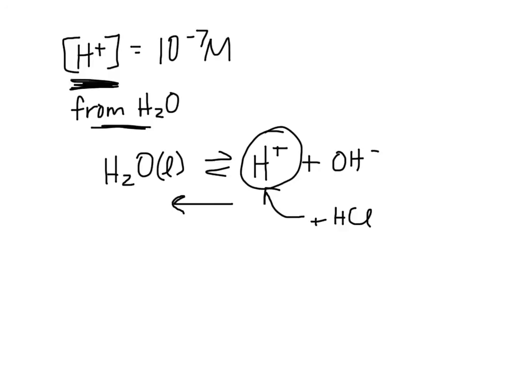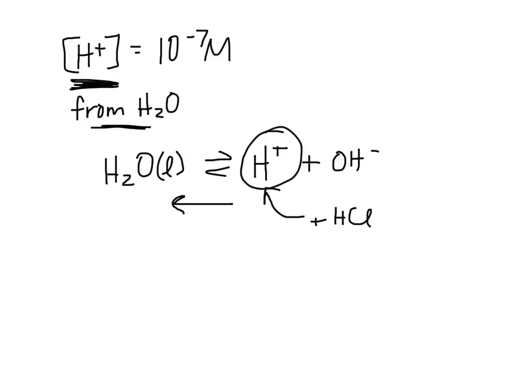So in a solution of a strong acid, you can normally ignore the self-ionization of water as a source of hydrogen ions because it's so much less, and that really should make sense. The hydrogen ion concentration is really determined by the strong acid.